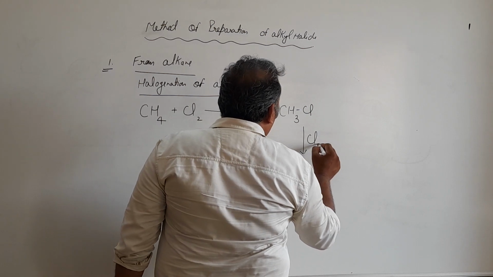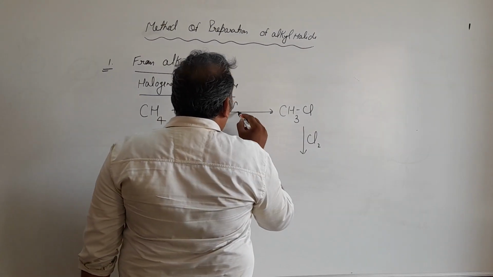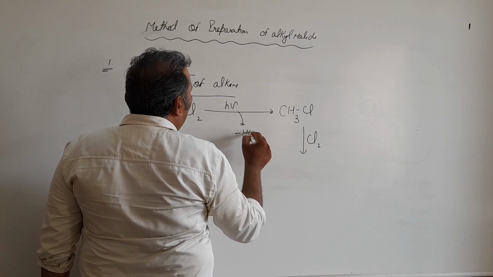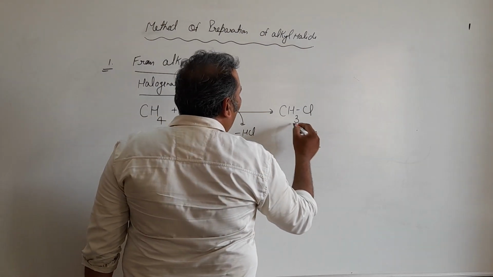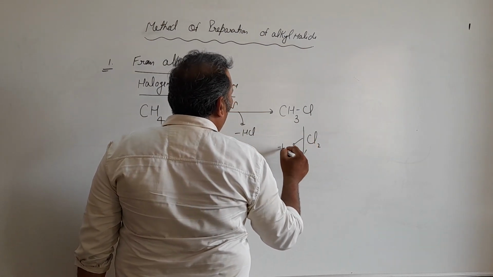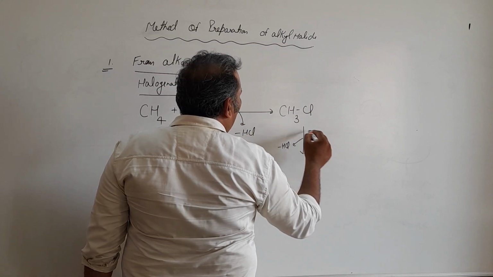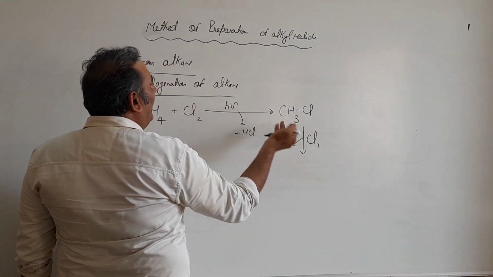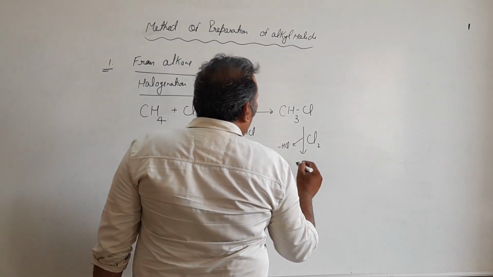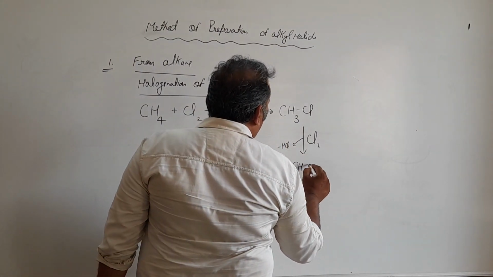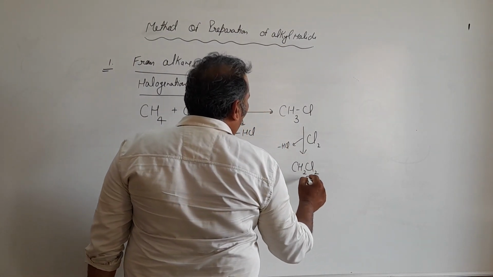Again Cl2 will react here, and HCl will be removed. One H and Cl will be removed, and another Cl will be attached to this carbon atom. So CH2Cl2 will be here.